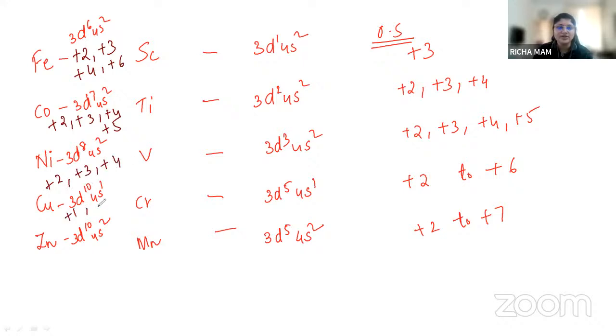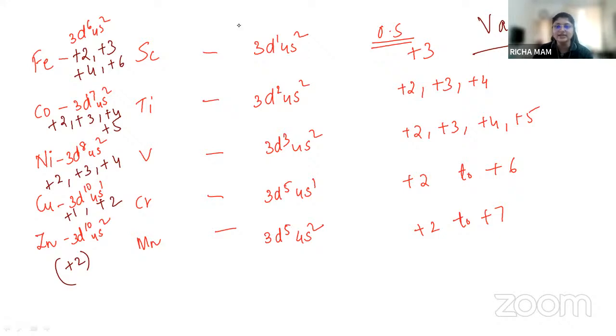Copper can show +1 and +2, and zinc can show only +2. So these are the oxidation states shown by the 3d series. All these transition elements show what is said to be variable oxidation state. Variable means different oxidation states.